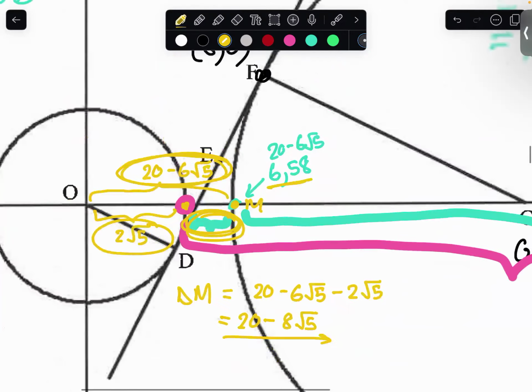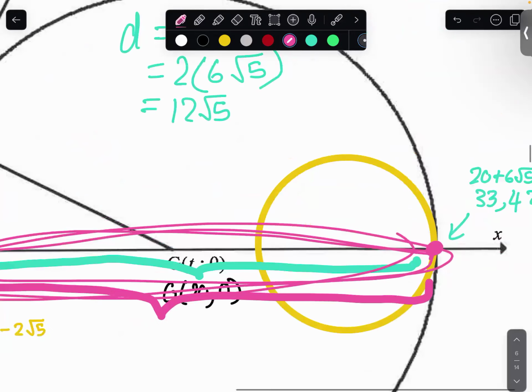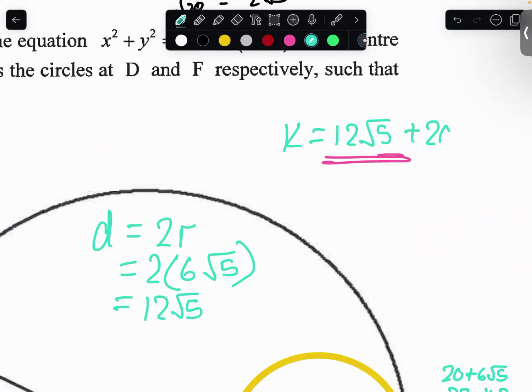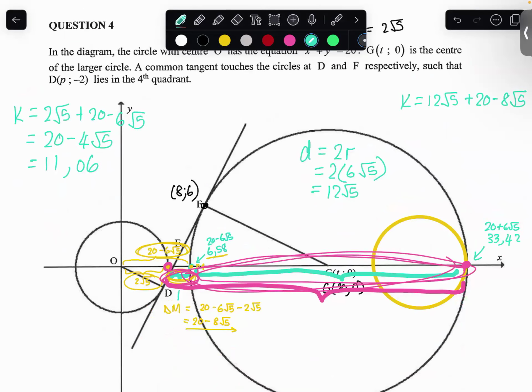Right? And I said that this distance, the whole pink distance, is made up of this plus DM. And so this full distance we already established was 12 root 5 plus DM, which ended up being 20 minus 8 root 5. 20 minus 8 root 5 is this small distance here between these two points, right?